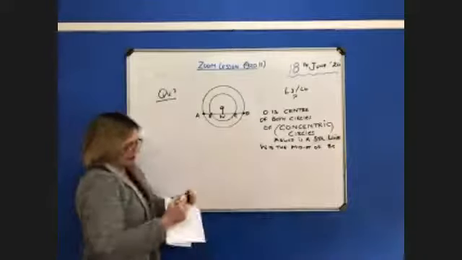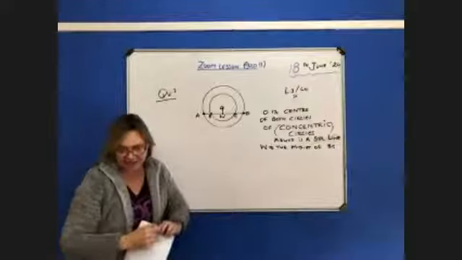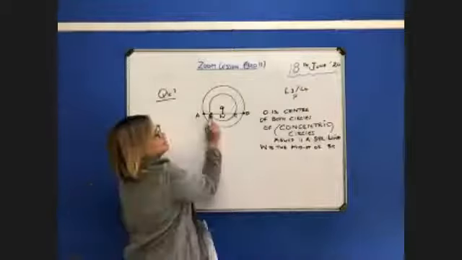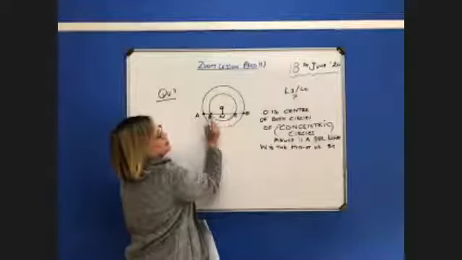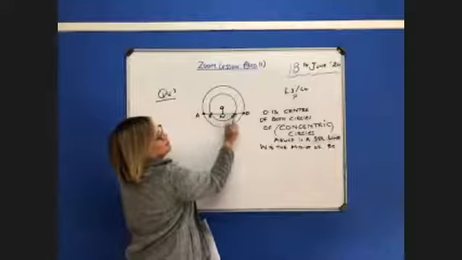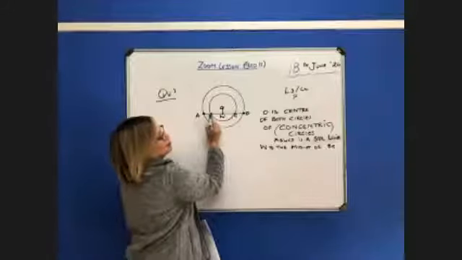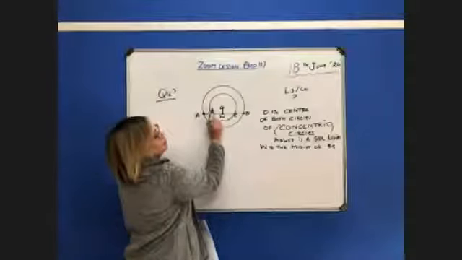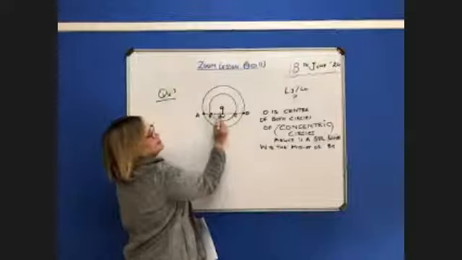I'll even get color. Do you agree this is a chord, everybody? From B to C, that is a chord. Not the center. Chord, please, this green line is a chord from B to C of the small circle.